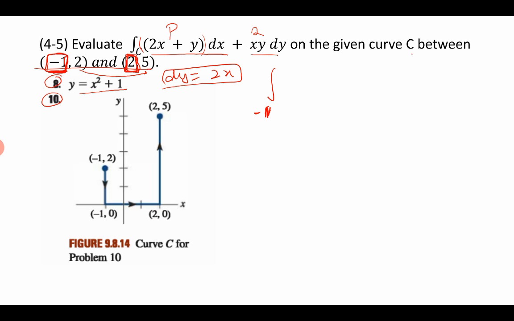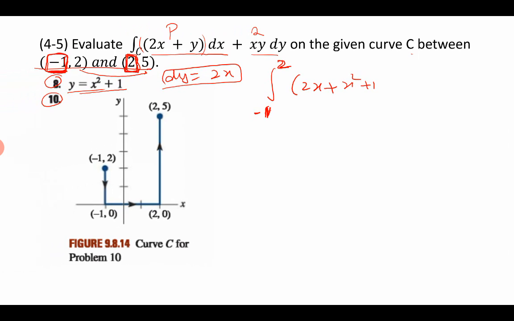So -1 to 2, everything is in x. 2x plus y, what is y? y is equal to x square plus 1. (x square plus 1) times dx plus x into y, where y is x square plus 1, times dy, and dy is given here as 2x dx, isn't it?